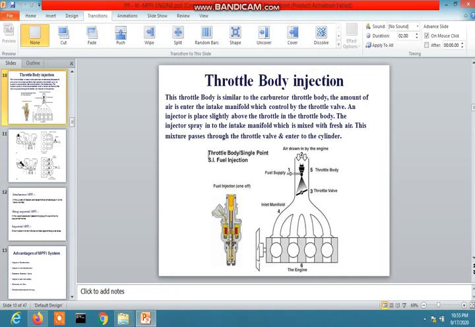The injector sprays into the intake manifold, which is mixed with fresh air. This mixture passes through the throttle valve and enters the cylinder through the port.